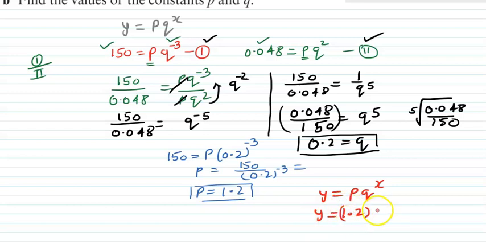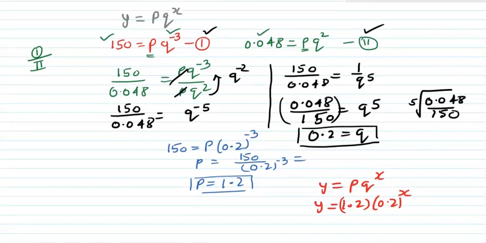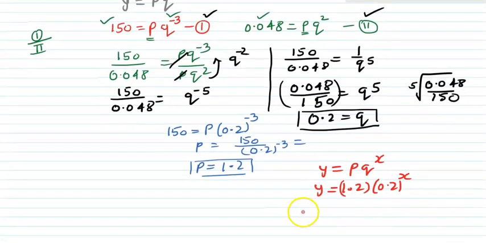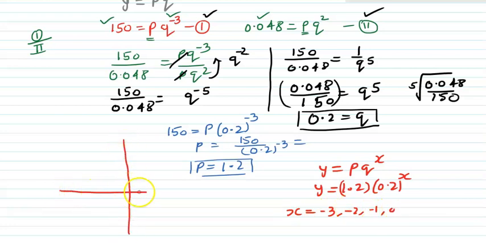What is the q value? 0.2 to the power x, right? And if you take values, any values like x value -3, -2, -1 and 0, then the graph will be like this. Okay, because here it is power x, so definitely it is passing through 1. Okay, and the graph will be like this if you plot it.